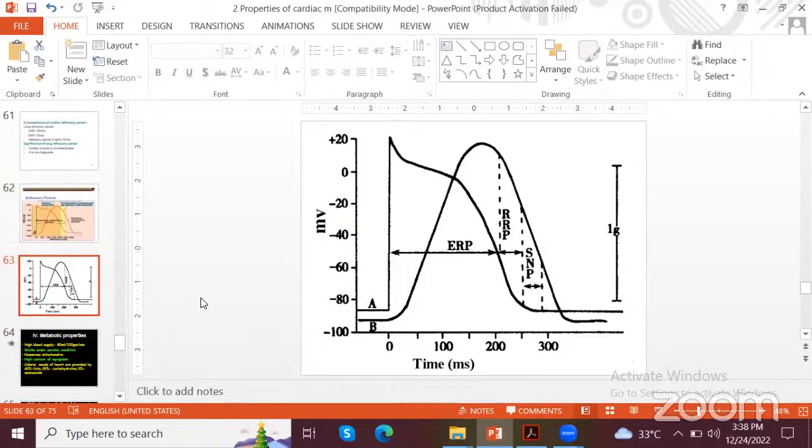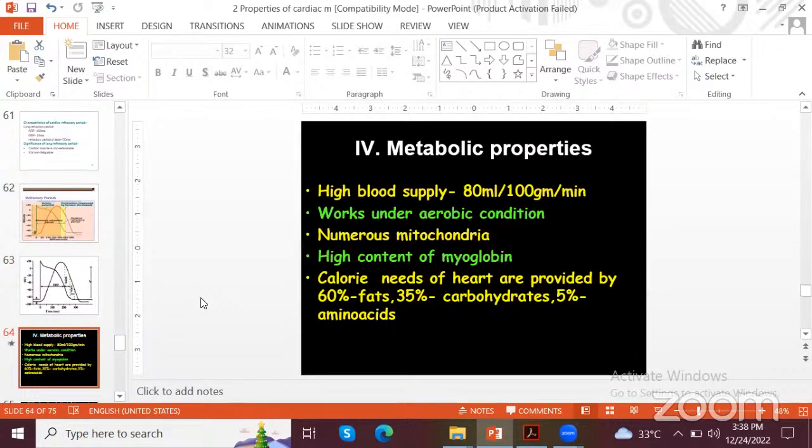See the difference. And coming to the metabolic properties, the cardiac muscles have a high blood supply of around 80 ml per 100 gram per minute, and work under aerobic conditions. Numerous mitochondria are present in the cardiac muscle, which contain a high amount of myoglobin.